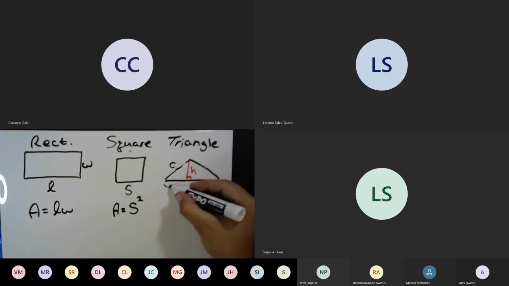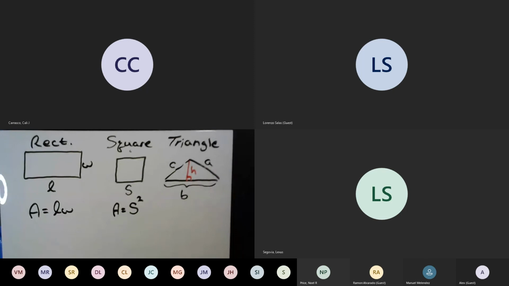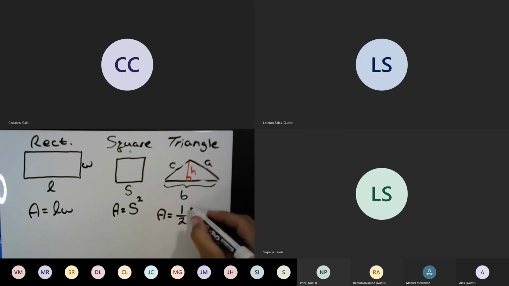We'll call this whole thing B. We'll call that A. When computing the perimeter, it doesn't matter. You're always going to add up all three sides. But typically, we refer to this bottom one as B. And we call it the base. The area will be 1/2 the base B times the height.